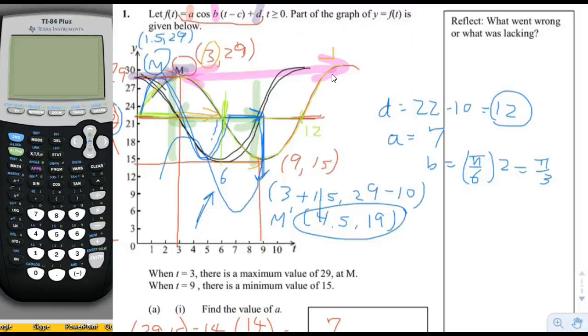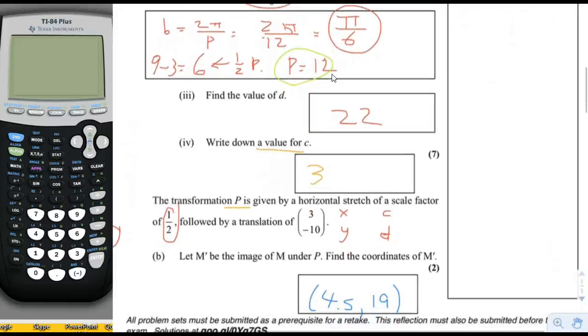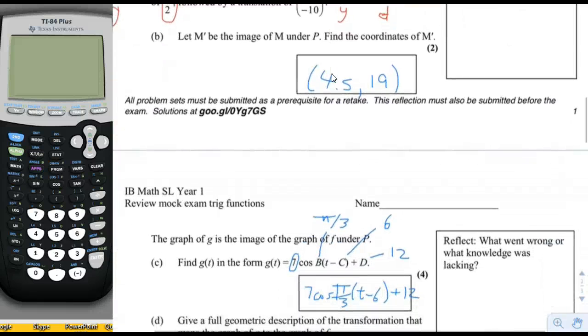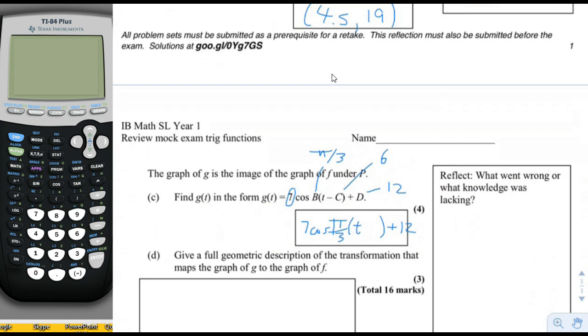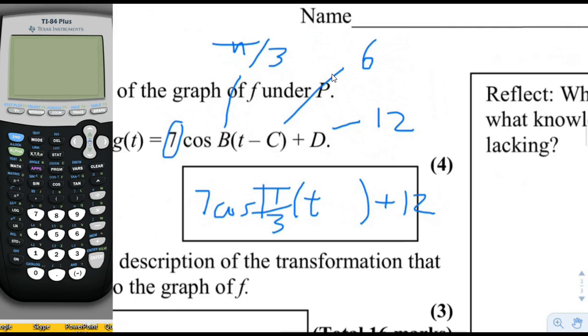And then we have found that the M prime coordinate is going to be 4.5 comma 19, right? And so now if we know that M was translated 3 to the right because it's 3 comma 29, well, guess what the C value is for M prime? It's been translated 4.5 to the right, okay? So we could go down here and put that the C value is actually 4.5, okay? 4.5. All right.